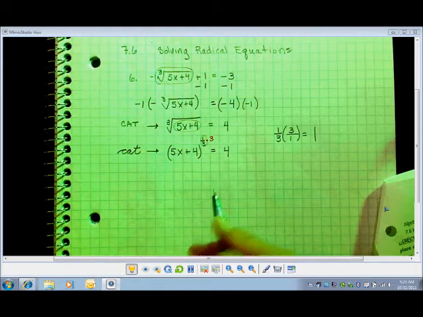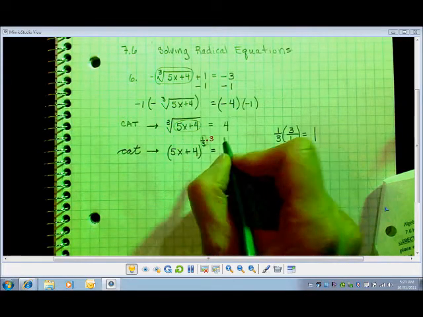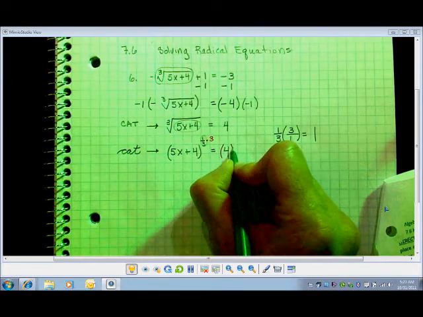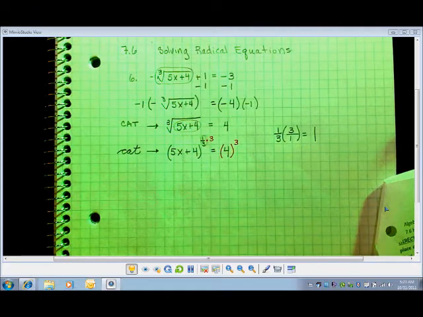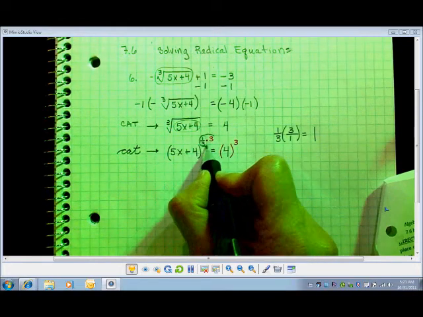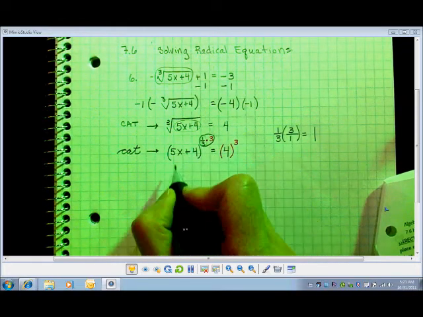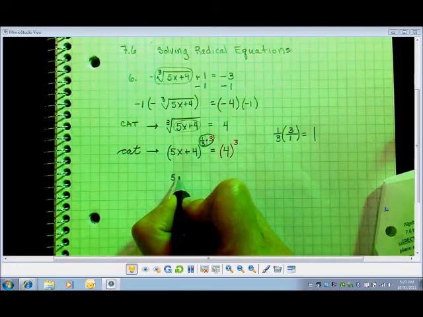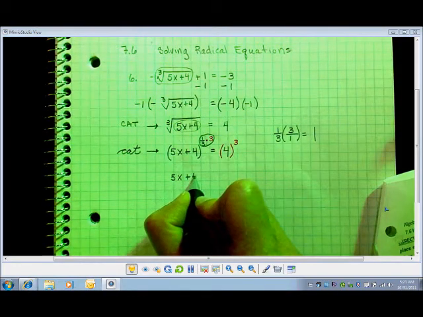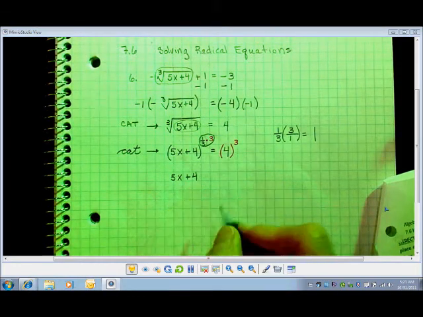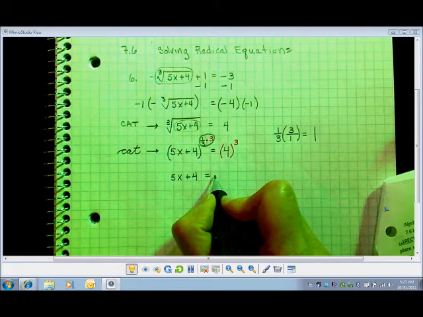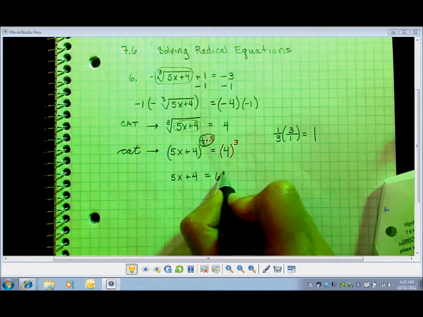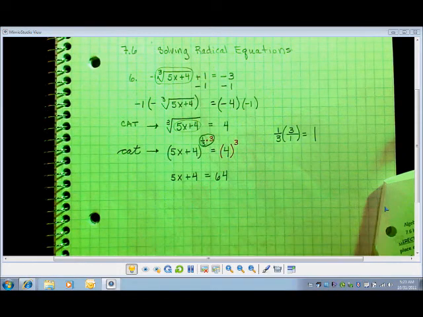What I do to one side of my equation, just as always, I have to make sure I do to the other side of my equation. So 1/3 times 3, that becomes 1. So that gets rid of that radical. So that just leaves me with 5x plus 4. And 4 cubed, 4 times 4 times 4, is 64.